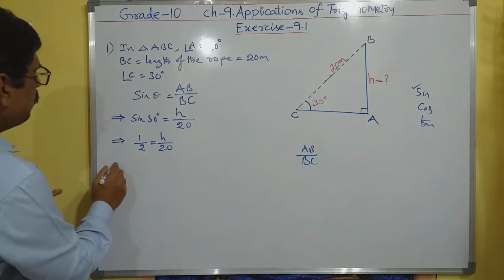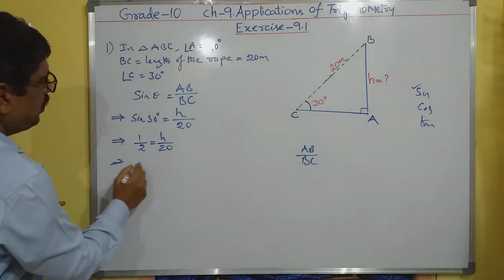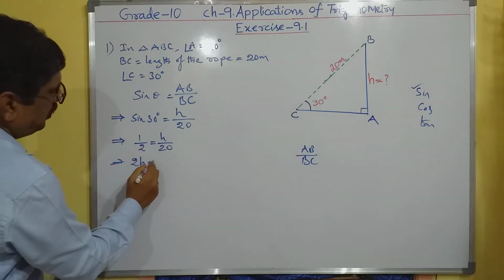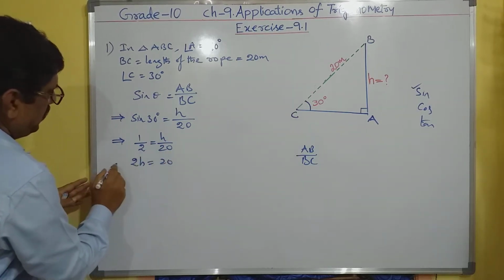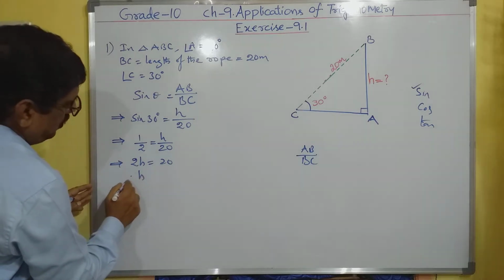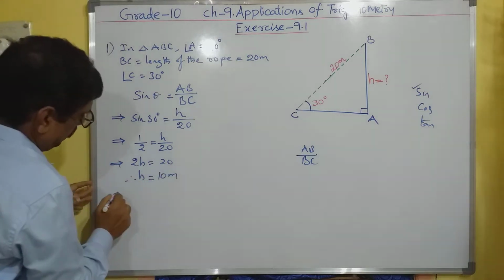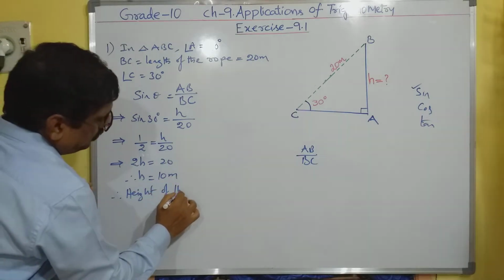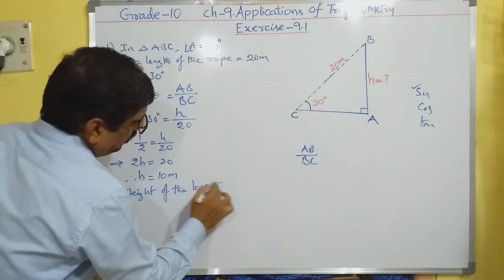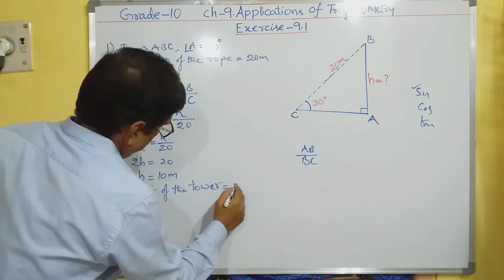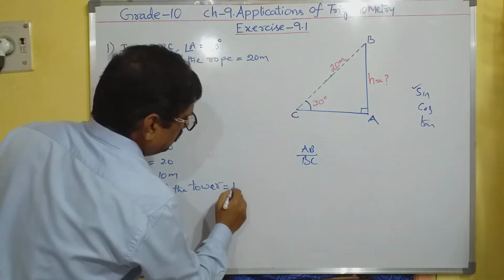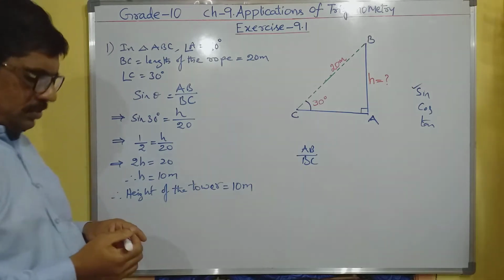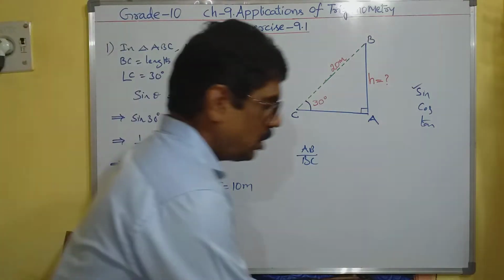By cross multiplication, 20 into 1, 20 is equal to 2H. Then H is equal to 20 by 2, which is 10 meters. Therefore, the height of the tower is equal to 10 meters. Okay, did you understand?